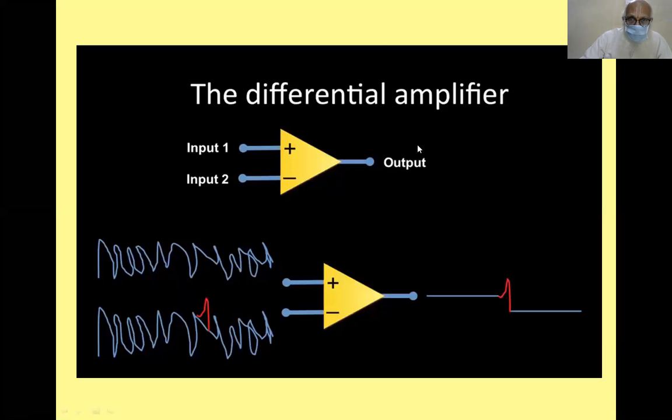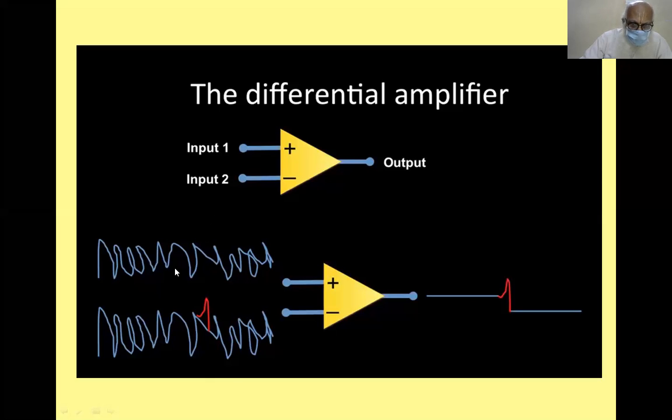Again, the amplification is a differential amplification, which means that the output is achieved by using the 2 inputs of the 2 electrodes. Let's see, this is the output of one of them, and this is the output of the other.